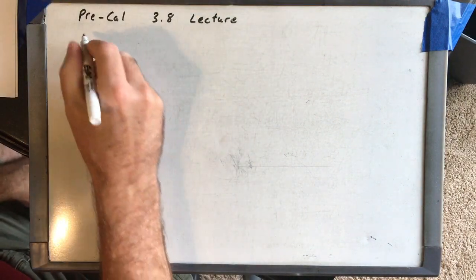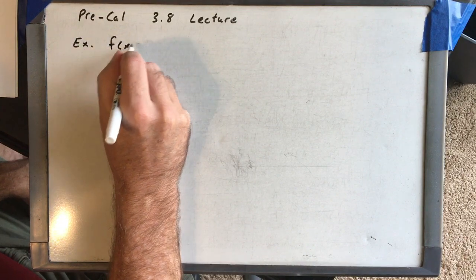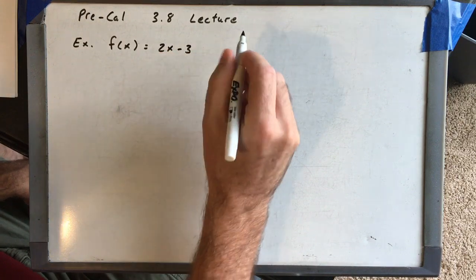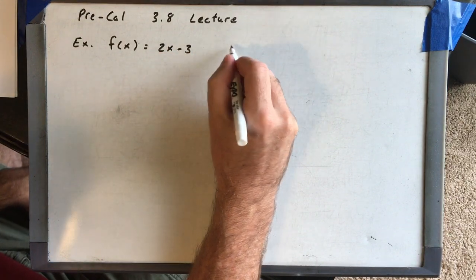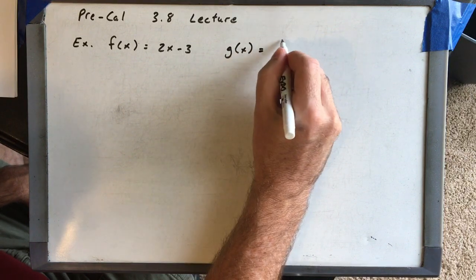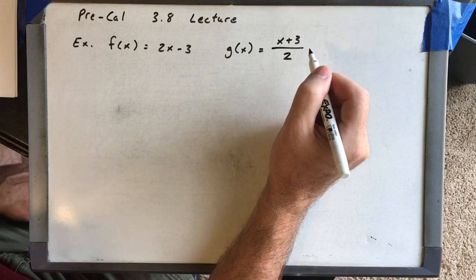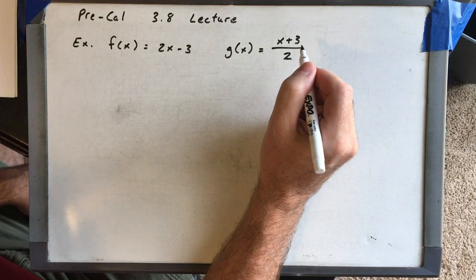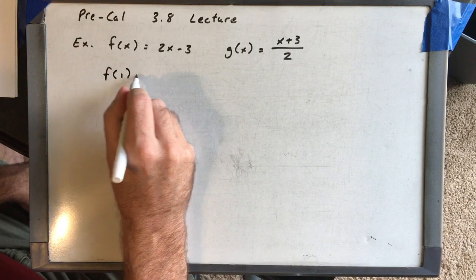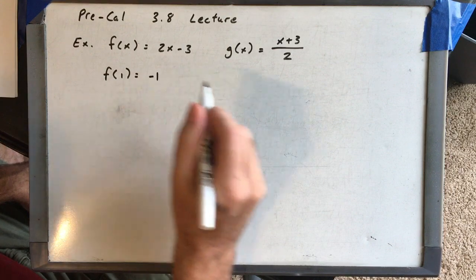But our first example, let's say we've got a couple of functions. f of x is equal to 2x minus 3, and its inverse is g of x, and that's equal to (x plus 3) over 2. So if these functions are inverses, let's say f of 1, we'll plug 1 in, that'd be 2 minus 3, that's negative 1.